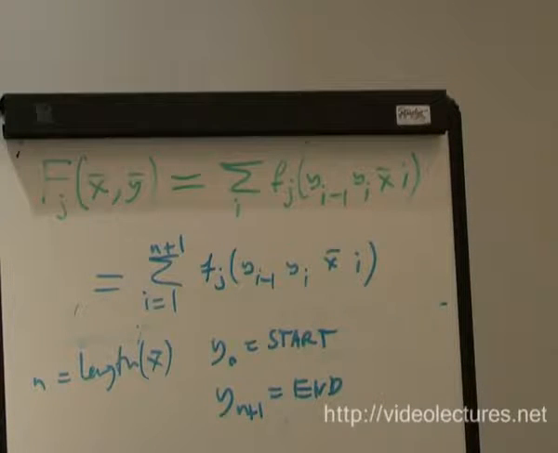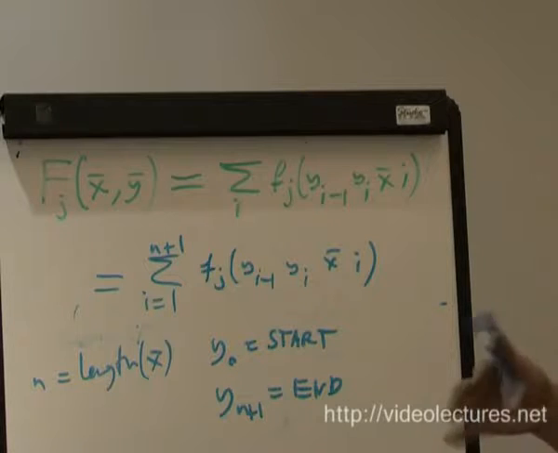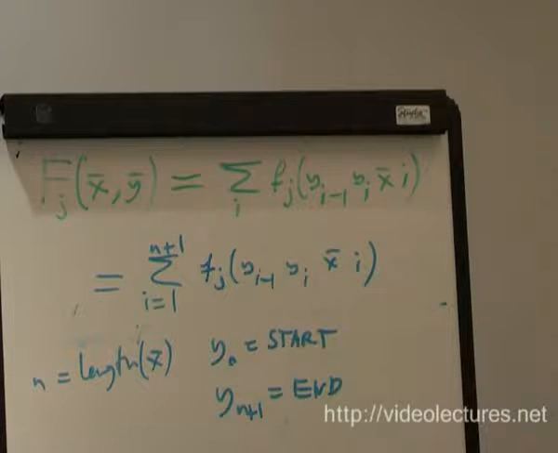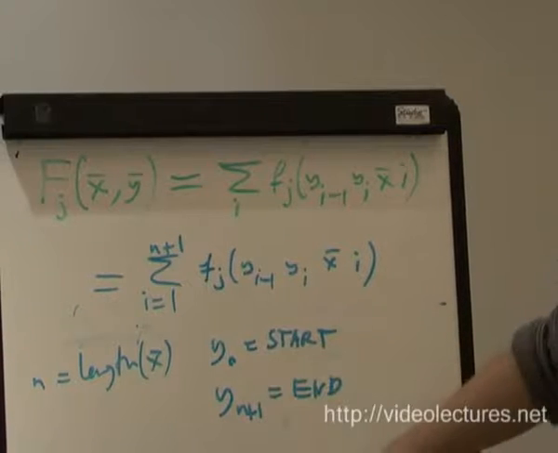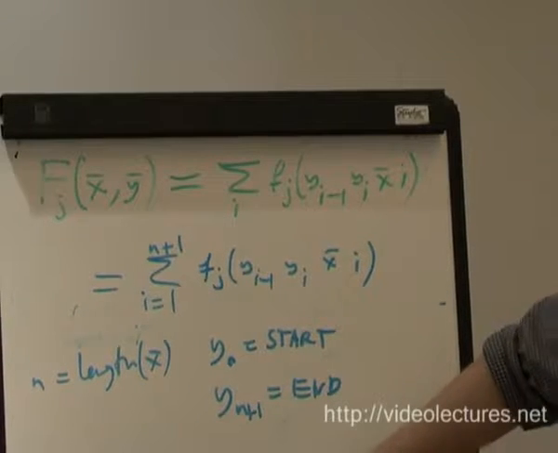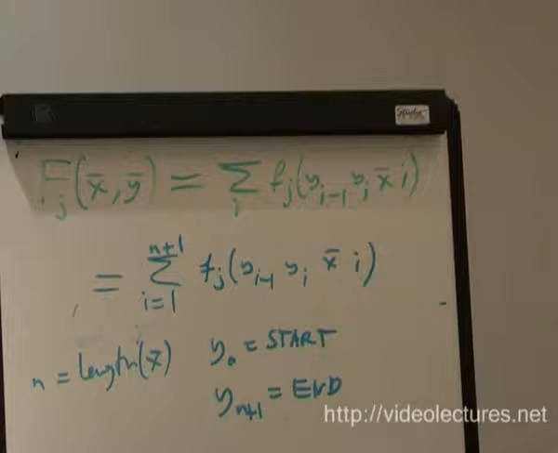So when I'm thinking about trying to predict the output sequence y, it can be computationally convenient to just say, well, y0 is always start and yn plus 1 is always end, and then what I want to predict is whatever comes in between.